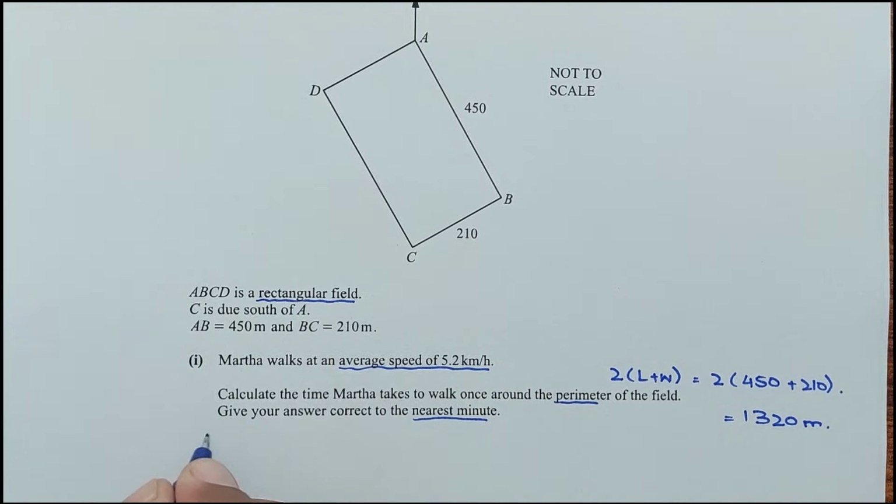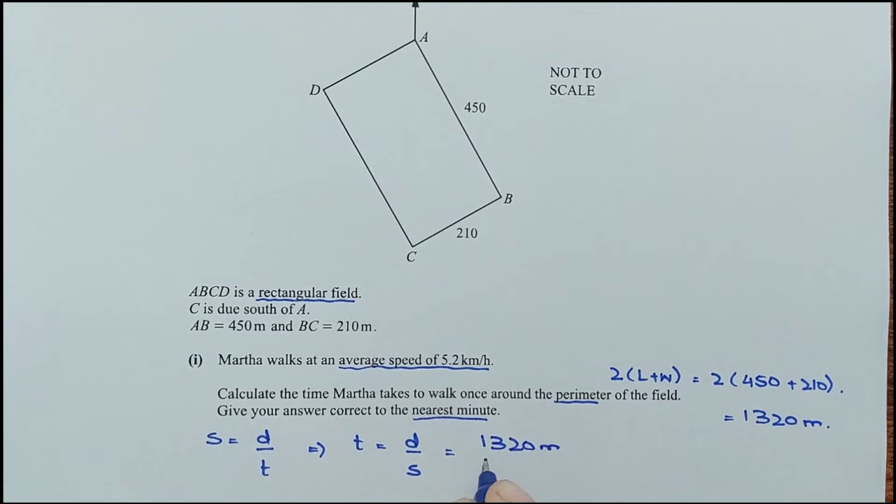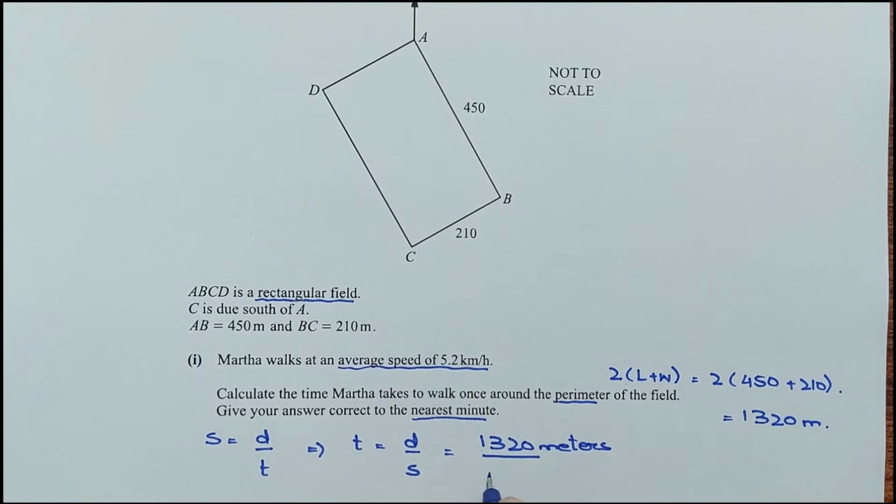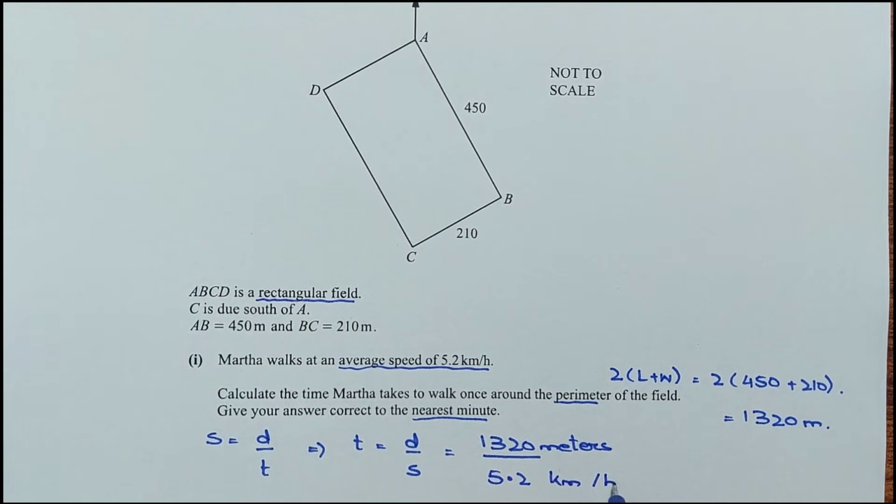So average speed is distance over time, and to solve for time we have to do distance over speed, right? So the distance is 1320 meters, right? And the speed we have been given is 5.2 kilometer per hour.